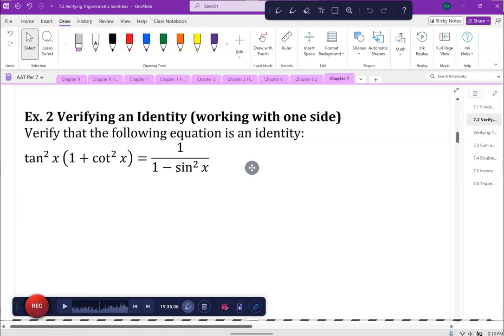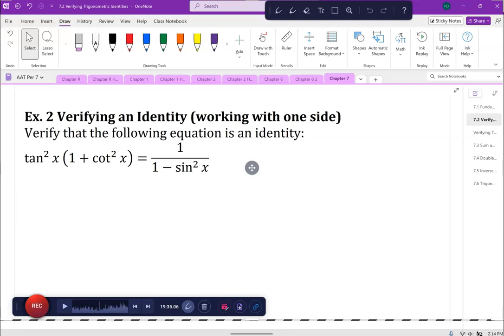Number 2. Verify the following equation is an identity. Tangent squared x times the quantity 1 plus cotangent squared x equals 1 over 1 minus sine squared x. This one looks a little nasty. I still think the left side looks a little worse, so I'm going to work on the left-hand side and see what happens.